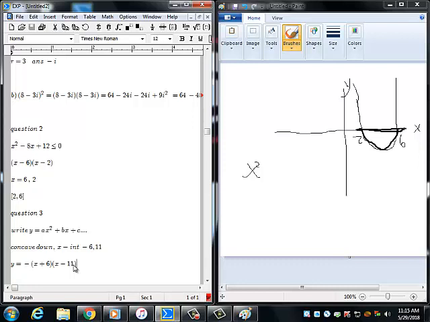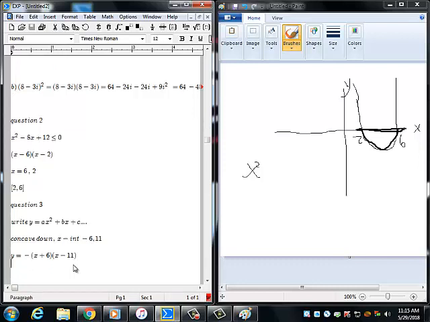And when you work it, you would get negative x squared minus 5x minus 66.